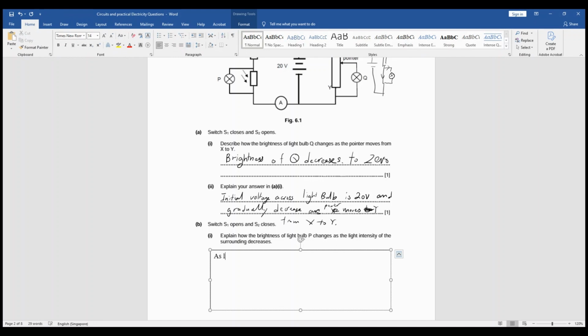As light intensity decrease, resistance of the LDR increases. Thus, the PD across the LDR increases.